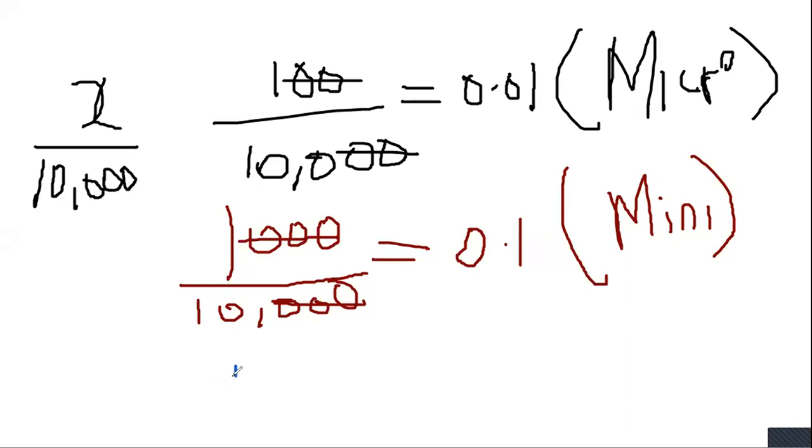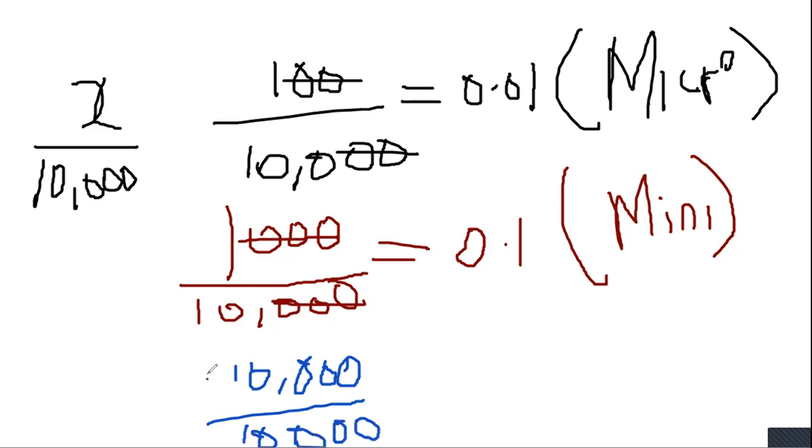That's 10,000 over 10,000. Ten thousand cancels 10,000. That's what? 1. This is a standard lot size.